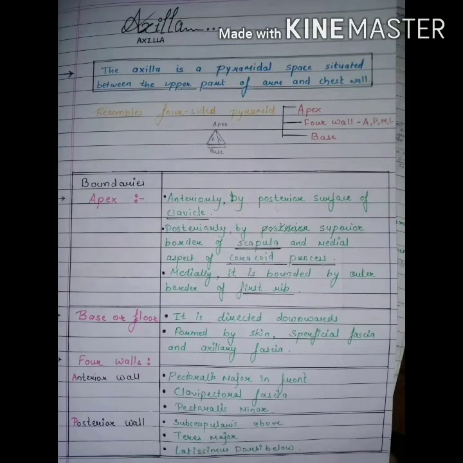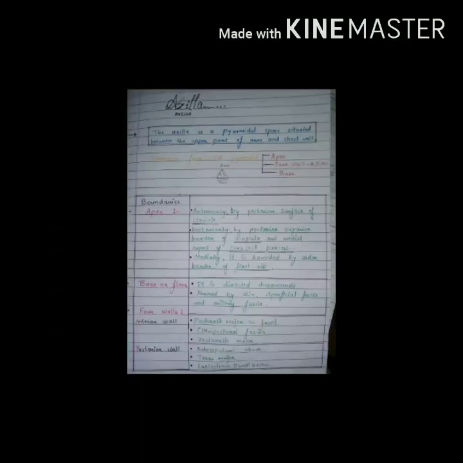In the anterior wall there are pectoralis major in front, clavipectoral fascia and pectoralis minor. In the posterior wall there are subscapularis, teres major and latissimus dorsi below, in the downward region of the back.